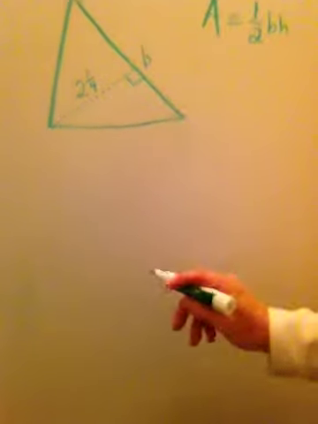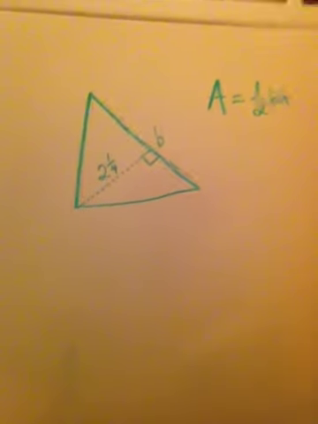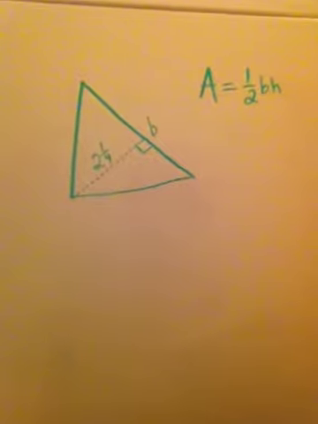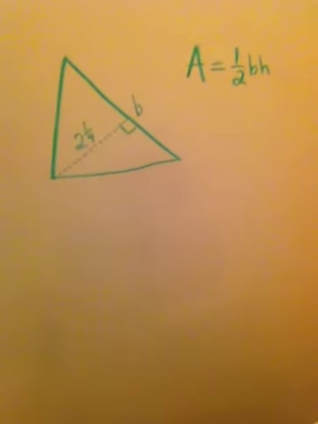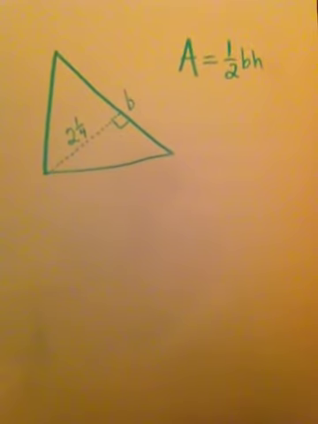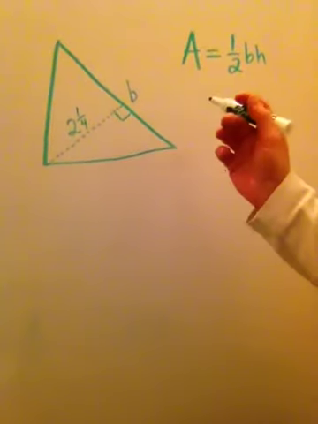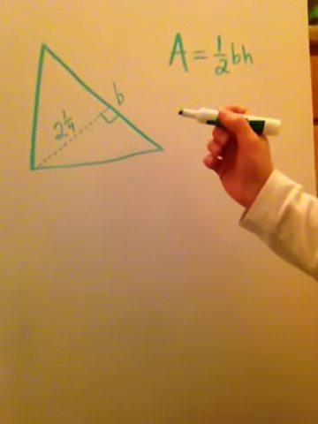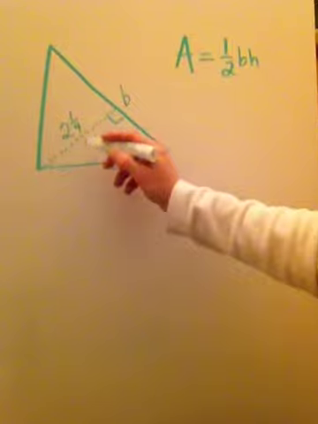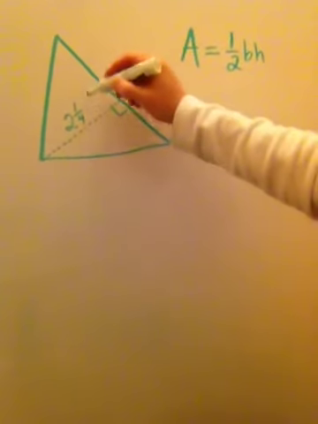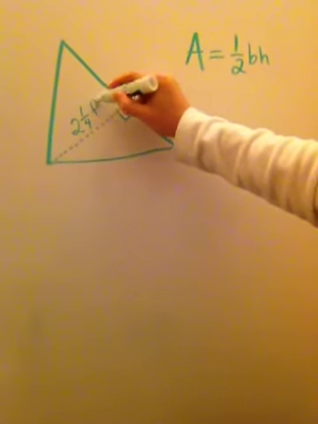We'll do 2 1/4. Okay, you can see it in the area. So in the story problem, it'll say find the length B in the triangle if the height is 2 1/4. We'll say it's feet.